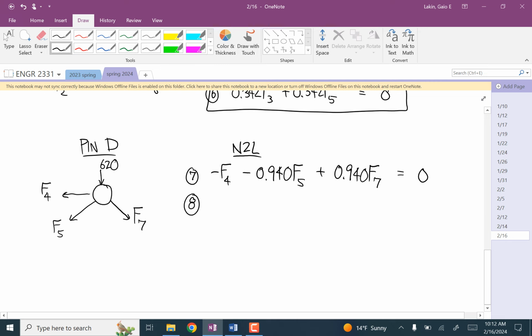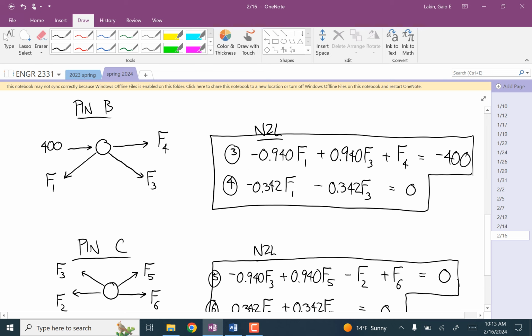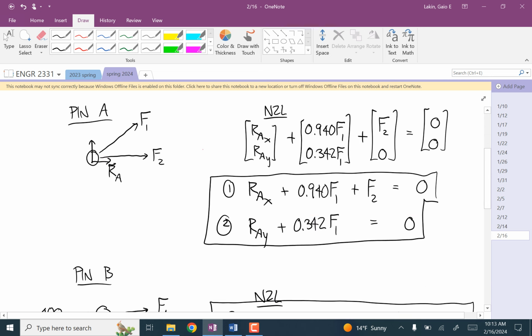And then equation 8, we have negative 0.342 F5 minus 0.342 F7 minus 620 is equal to 0. So I'll write this as equal to positive 620. One more to go.